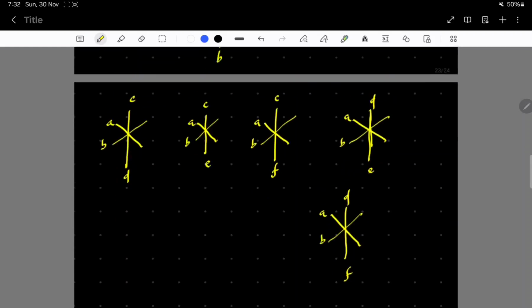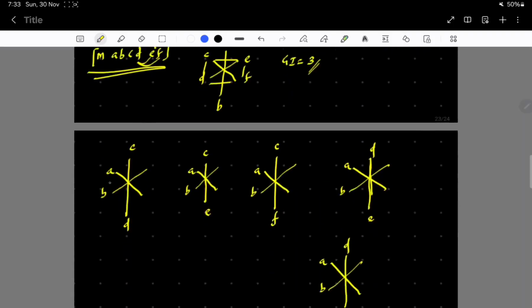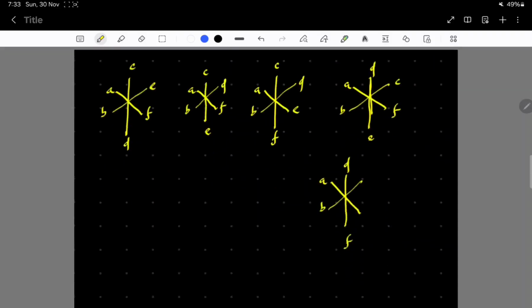Now if I fix the AB position, then I can write AB CD is there, I can write EF, and AB CE is there, I can write DF. AB CF is there, I can write DE. Now AB DE is there, I can write CF, and AB DF is there, I can write this will be CE.